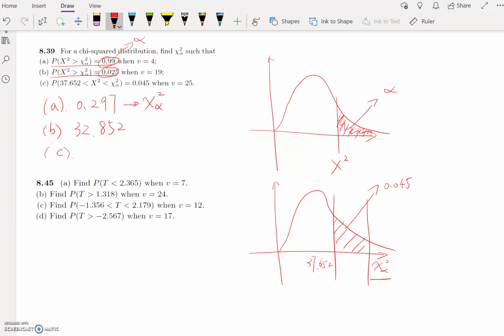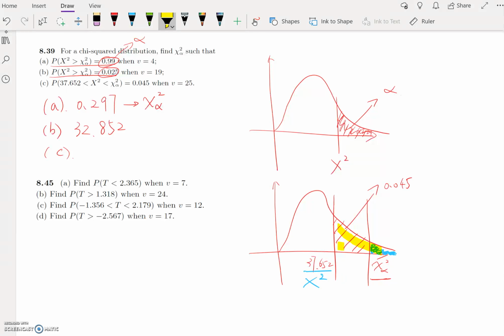So how can we get the x alpha square value? From the chi-square distribution, we can find these values if we have the blue part, the area on the curve. And we have this x square value.